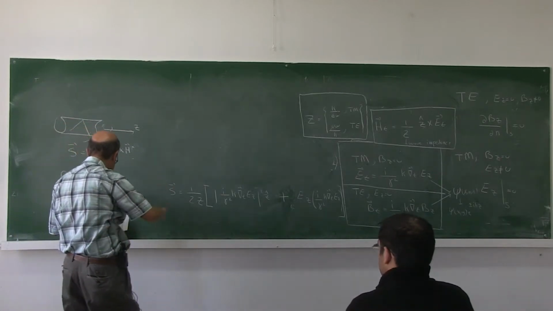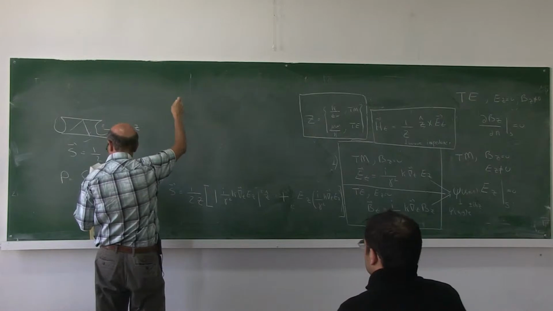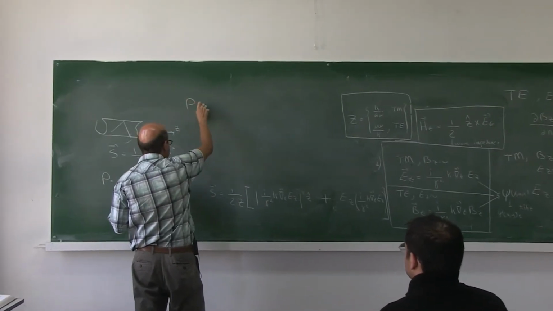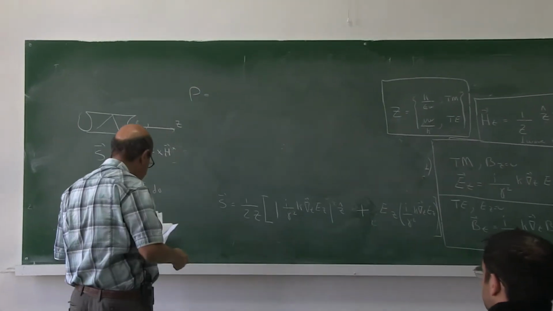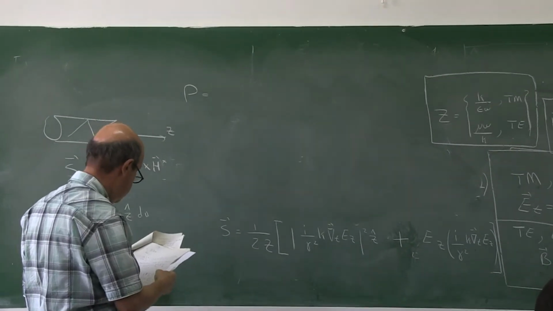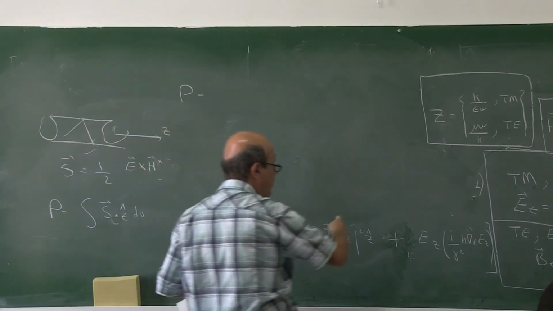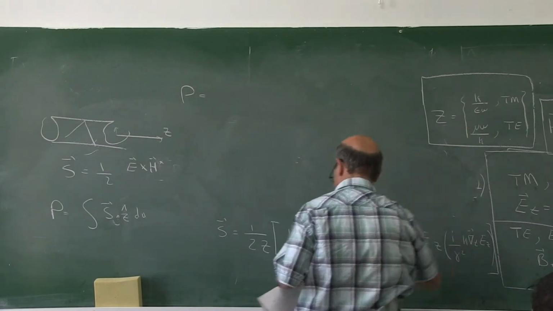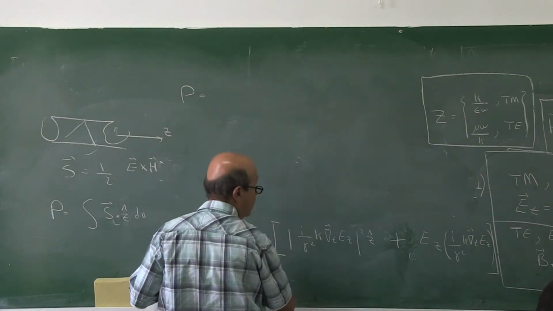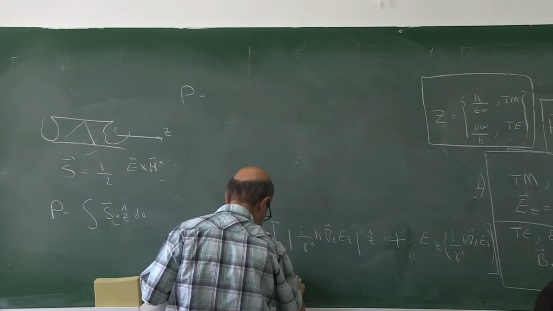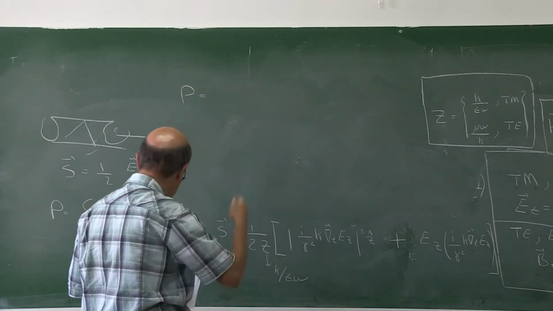So for TM, the power transmitted at the group velocity is equal to the following. The impedance is k over epsilon omega for TM.